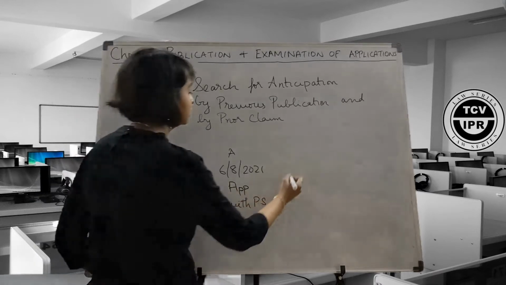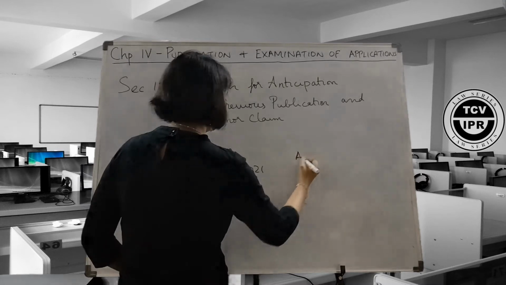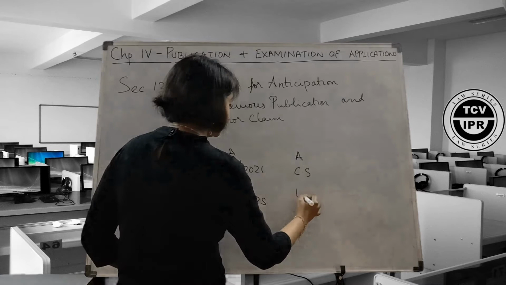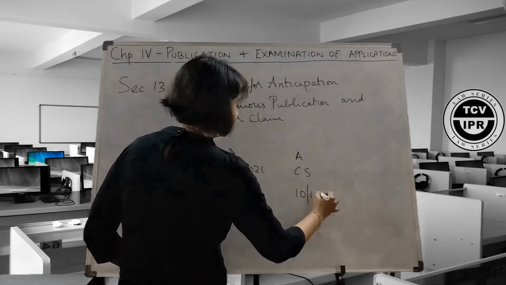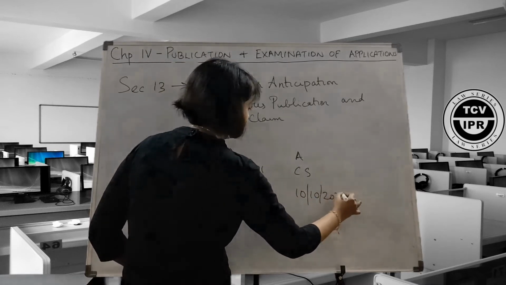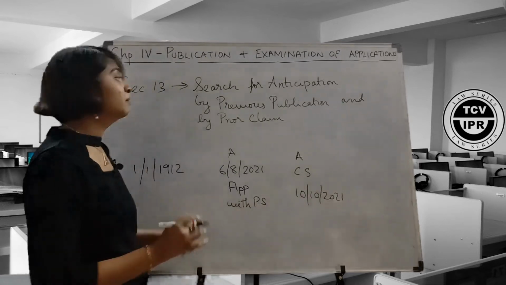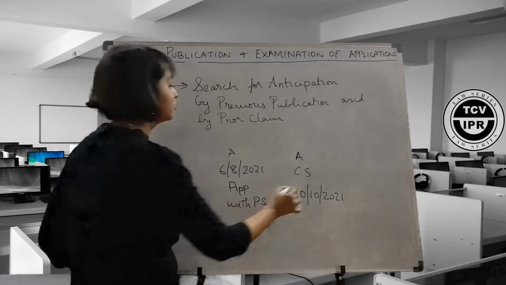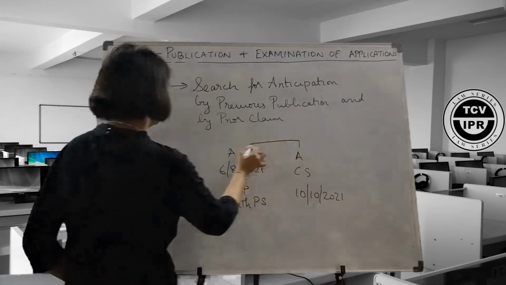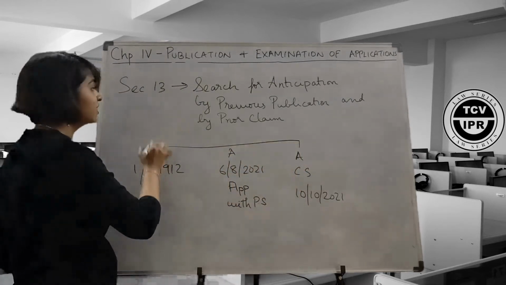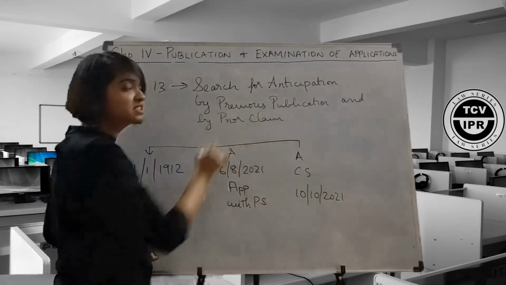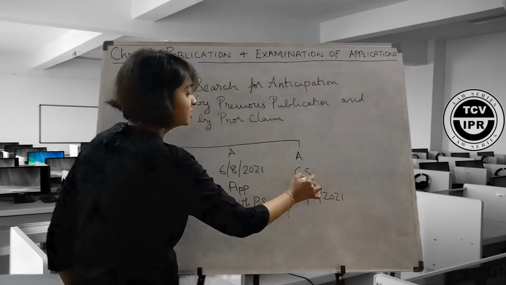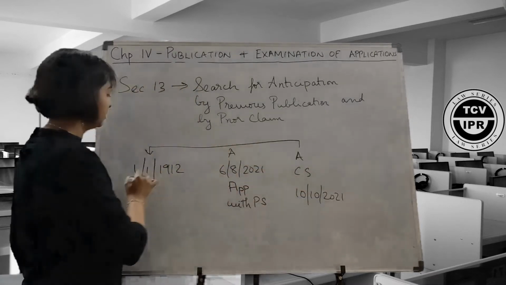Now he is filing his complete specification on, let's say, 10/10/2021. Now what they are mentioning here is that for anticipation they will see from this day till this day. They will check the previous publications, and they will check whether any of the claims mentioned in this complete specification was anticipated, to check that.